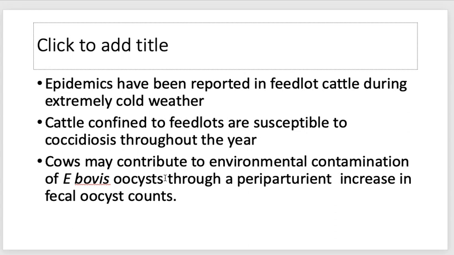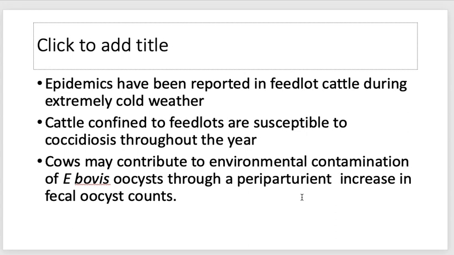So cows may contribute to environmental contamination with Eimeria bovis oocysts through a periparturient increase in fecal oocyst count. What is periparturient? Periparturient is the period of an animal's young age, or we can call it the childish age, as we would for a human being.